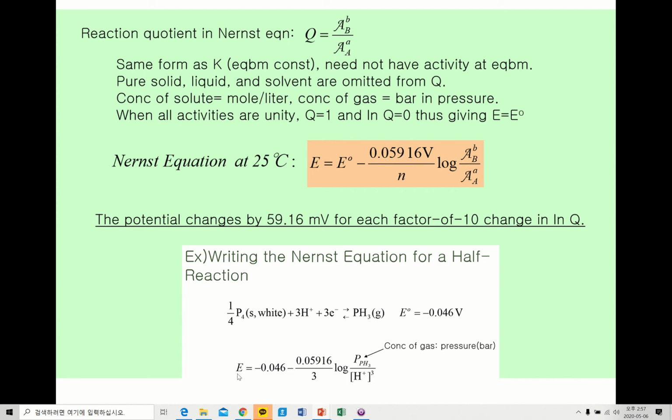The Nernst equation is written this way: E0 minus 0.05916 divided by 3 times log of this product side. Since this is a gas, instead of molar concentration we write the pressure. And since on the reactant side the phosphorus is a solid, we usually don't include the solid concentration in the equation. Only the proton concentration here.